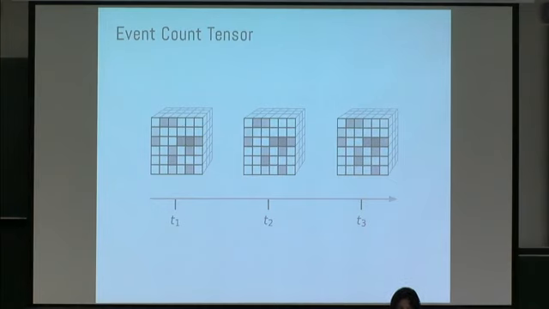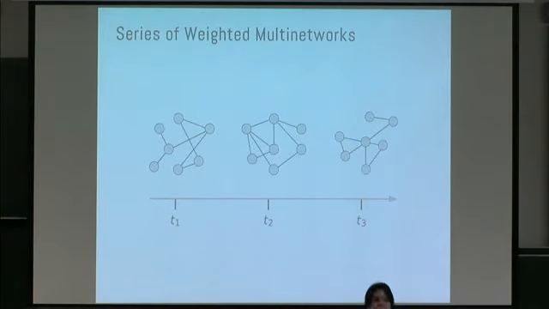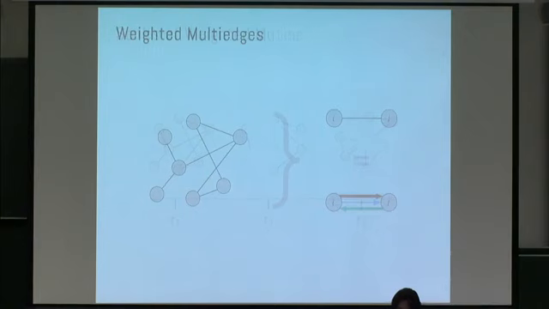And since this is a workshop on networks, I want to point out that a 4-mode event count tensor like this can also be interpreted as a series of weighted multi-networks, again, one for each time step. The nodes in these multi-networks are the sender and receiver countries.